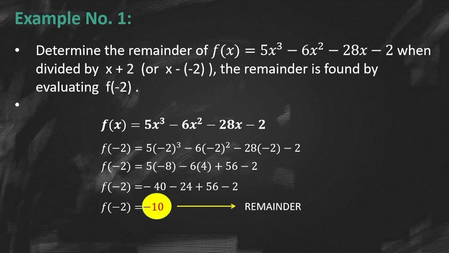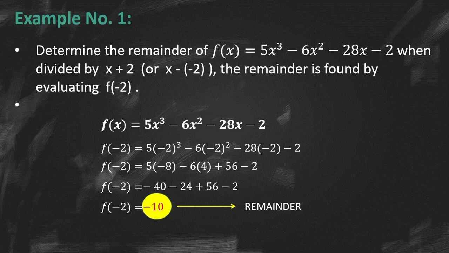To find f of negative 2, we substitute negative 2 for every variable x in our polynomial. This gives us f of negative 2 equals 5 times negative 2 cubed minus 6 times negative 2 squared minus 28 times negative 2 minus 2.